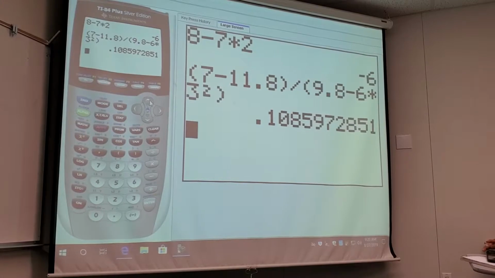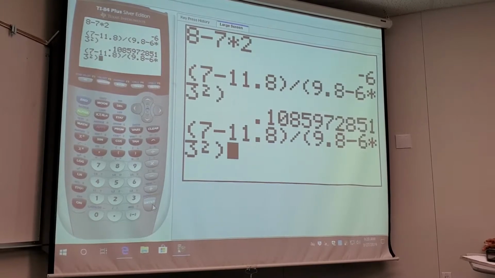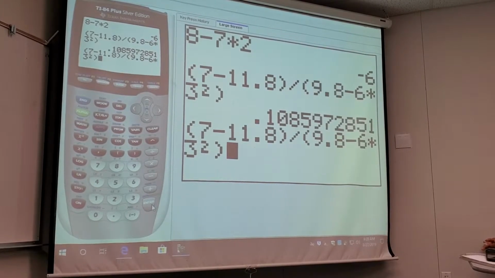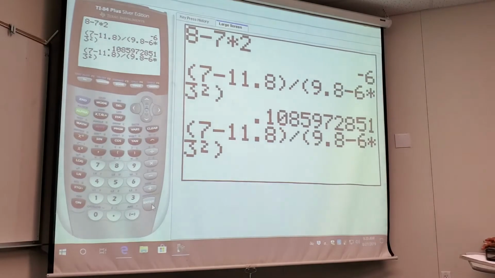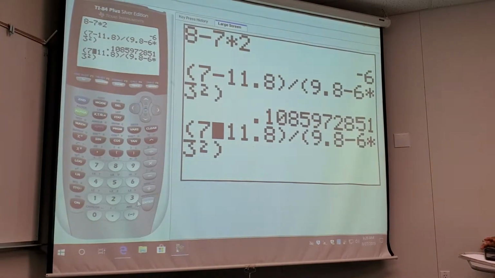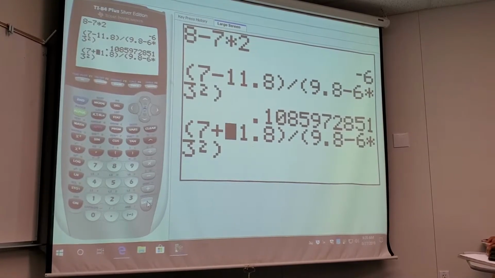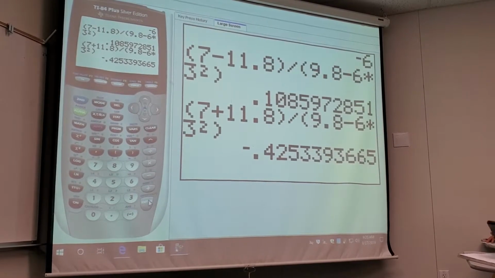I can't do it on here though. But on any calculator, you can hit second, enter. See how that brought it back up? On the newer calculator, you can just hit the up arrow and then hit enter and bring it back down, because now it can go up and just change it. See that? Enter. So now I get the right answer.